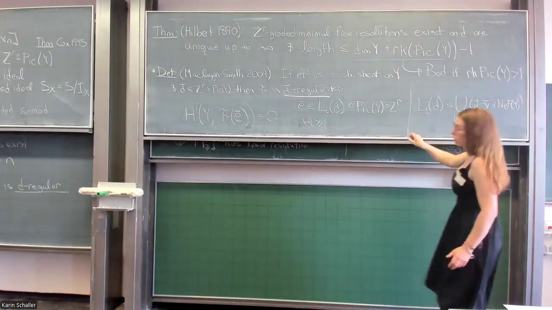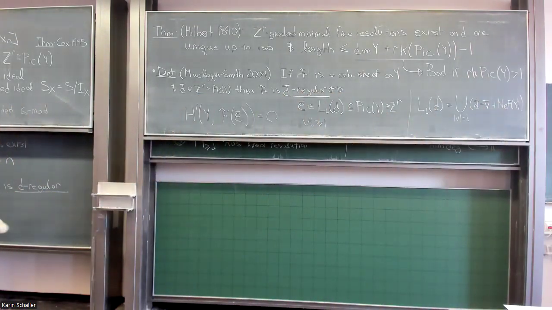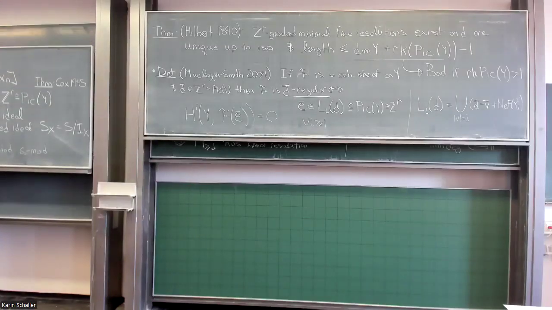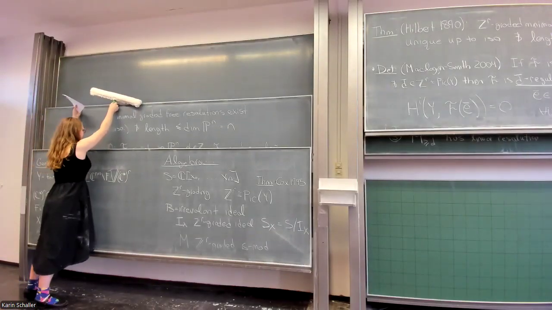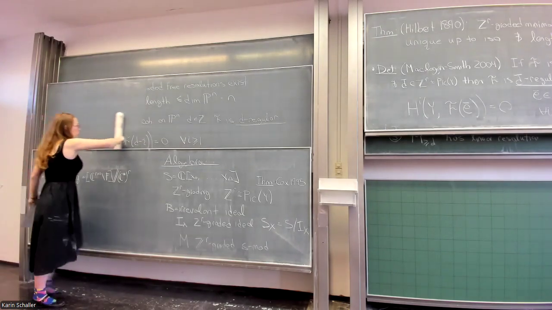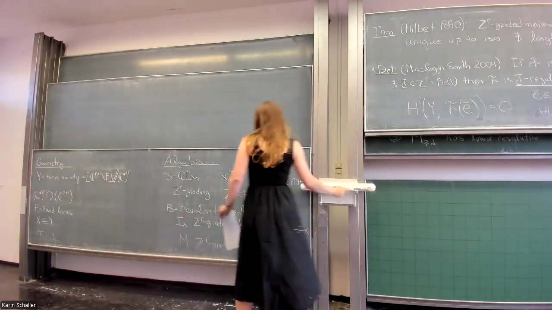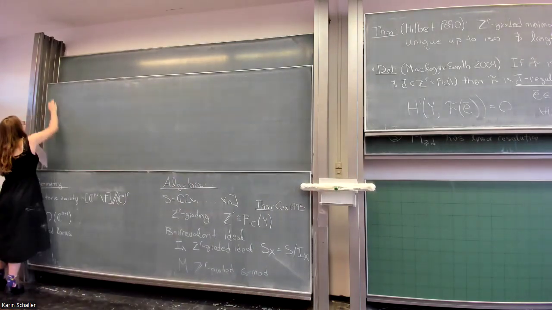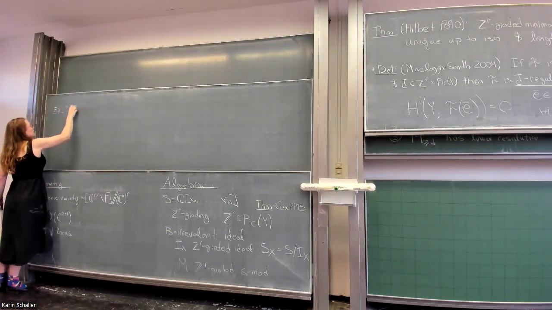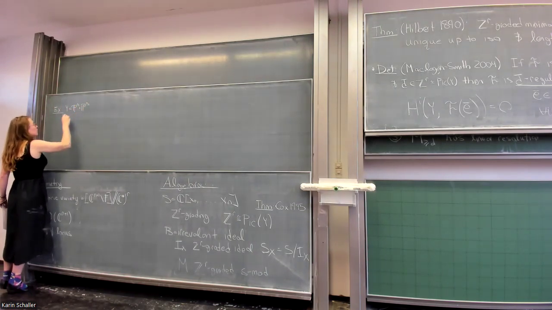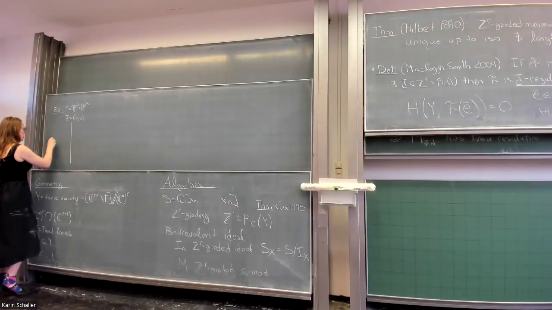If we wanted to make this a little bit more clear, let's just look at what this would say in the case of a product of projective spaces. For example, Y is Pn1 times Pn2, and when you take D to be the origin, what do these regions look like?